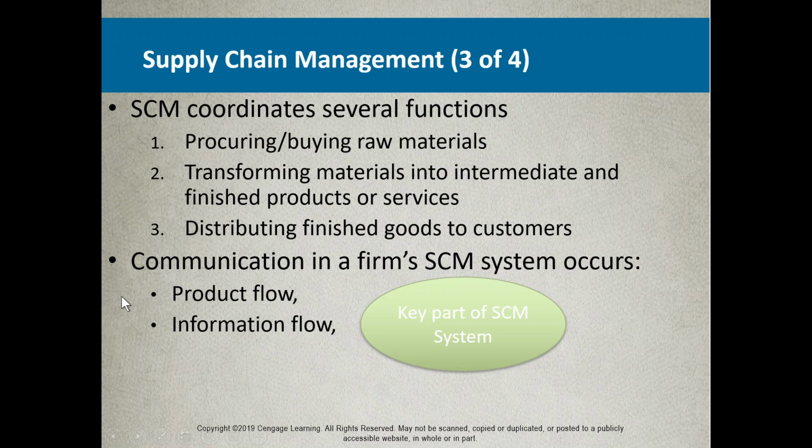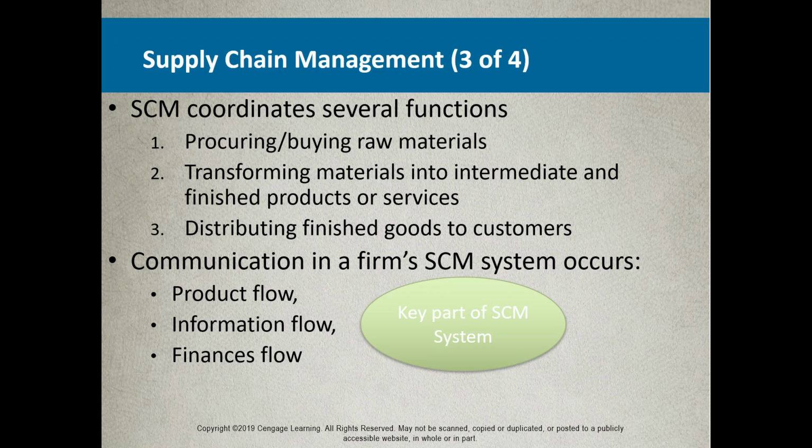They also provide information, the data that has been processed into information that helps make decisions. And then finally, it also provides financial information, and it shows at each stage how much it costs to buy the raw materials, how much it cost to manufacture it into an intermediate or finished product, how much it cost to transport it, how much it cost to sell it.